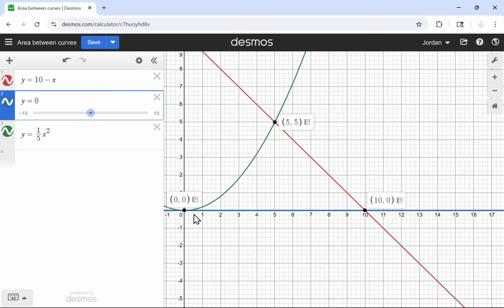You'll notice that between values of 0 and 5, this region on top is bounded by y equals 1/5 x squared, and on bottom is bounded by y equals 0.